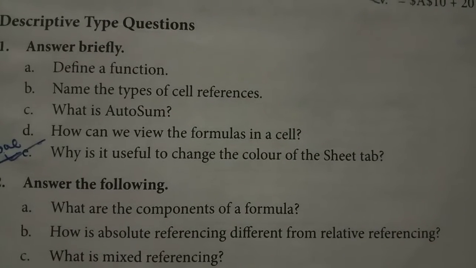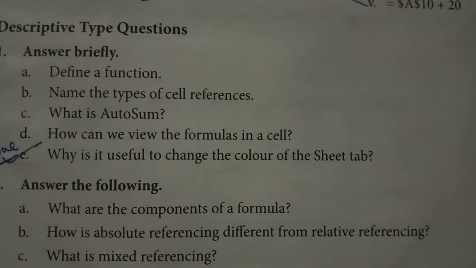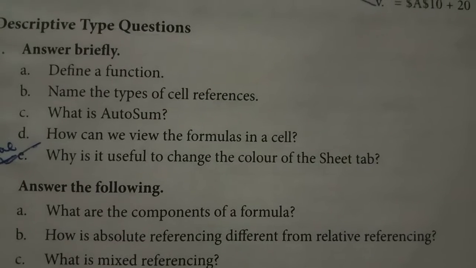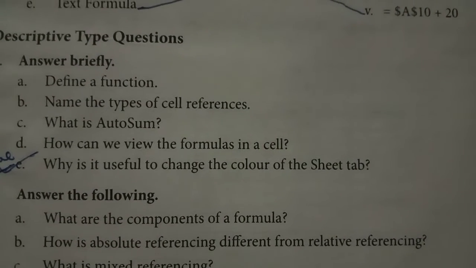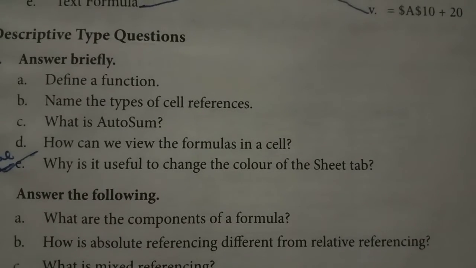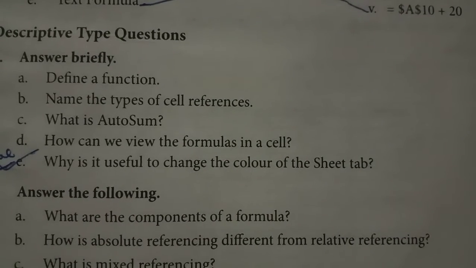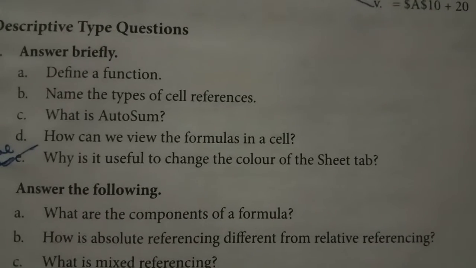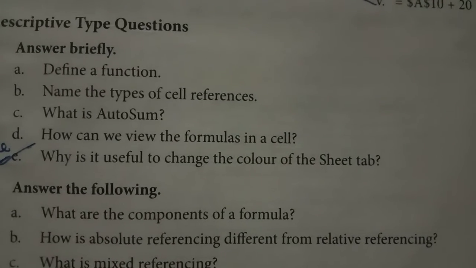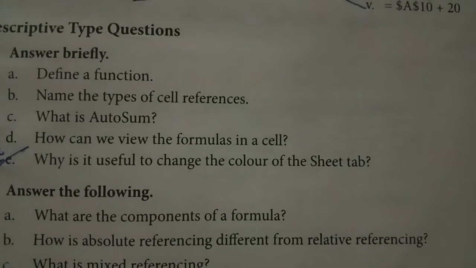The full form of auto is automatically. AutoSum is used for adding the values given in cells automatically without writing the formula to perform the operation.